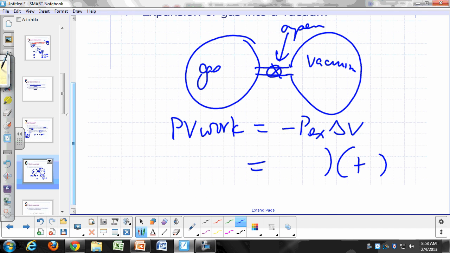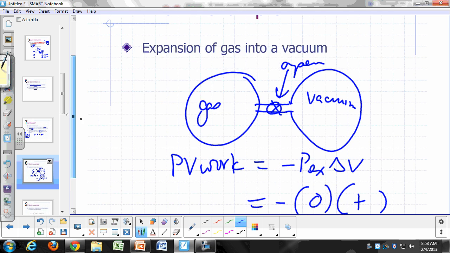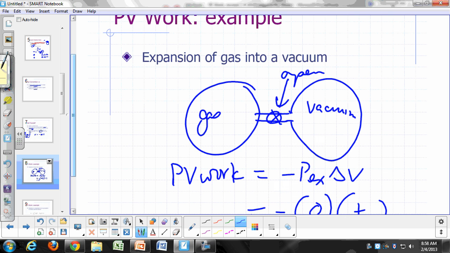So delta V is positive. What's our external pressure? It's expanding against nothing. External pressure is 0. So PV work is 0. It's expanding against 0 pressure. So expansion into a vacuum involves 0 work.